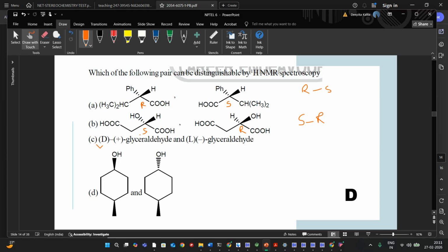The third pair is already given as L, D and L. So these are also enantiomeric pairs. For the last one, if you see, these two are not mirror images. Hence, these are diastereomers.